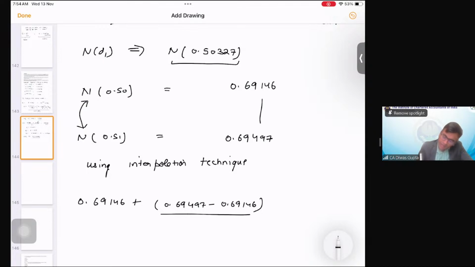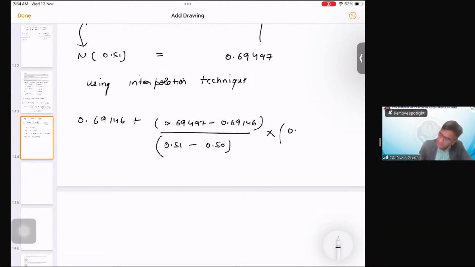This is the change in the values of the normal distribution table, divided by the upper and the lower interval, which is 0.51 minus 0.50, whole multiplied by the desired value minus the lower value of the interval.